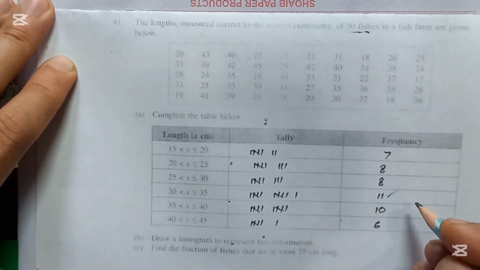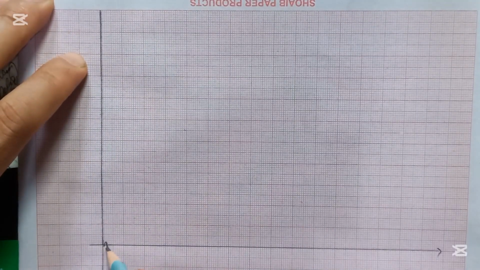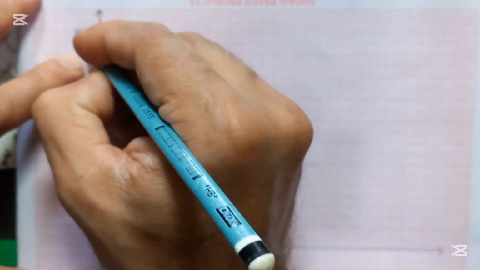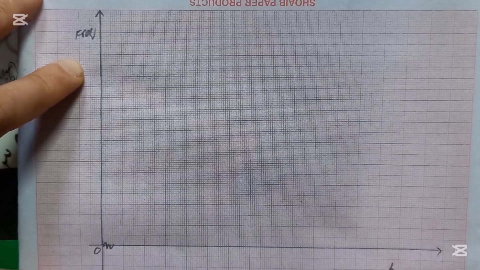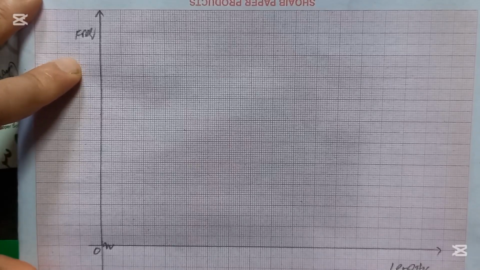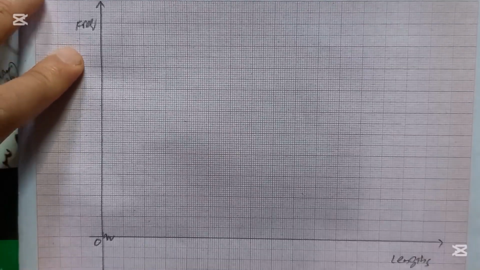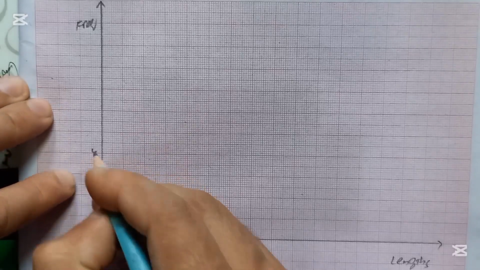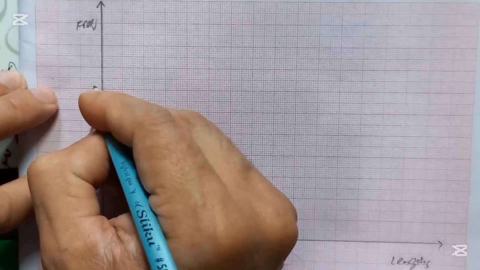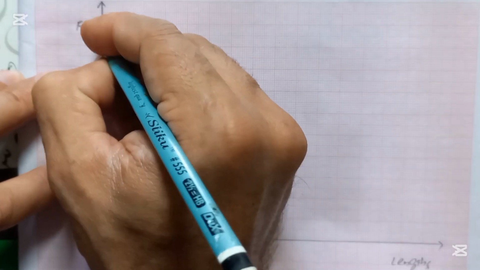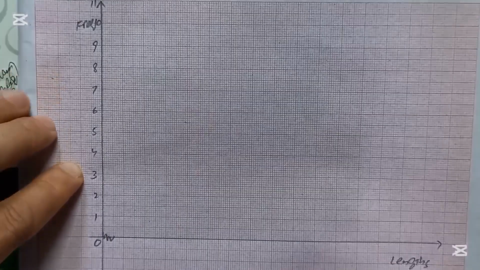The maximum frequency value is 11, and lengths are starting from 15 to 45. So here will be a zigzag line, here is 0, this is the frequency line, and this is length. Now 1, 2, 3, 4, 5, 6, 7, 8, 9, 10, and here is 11.